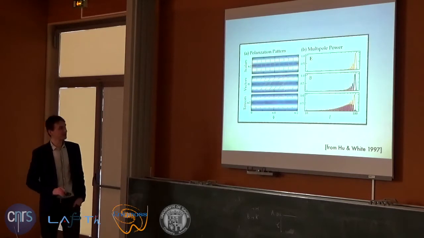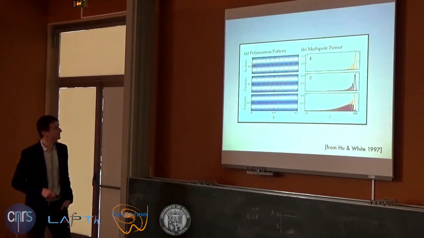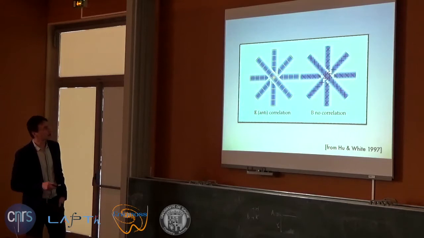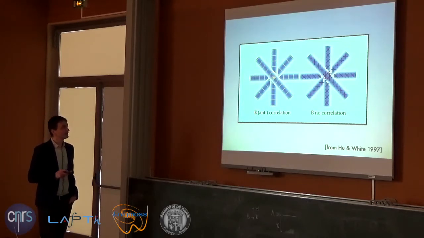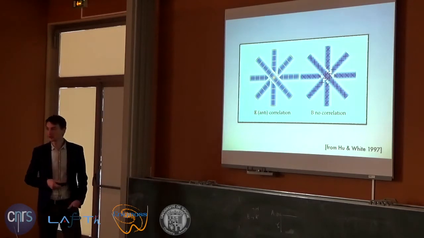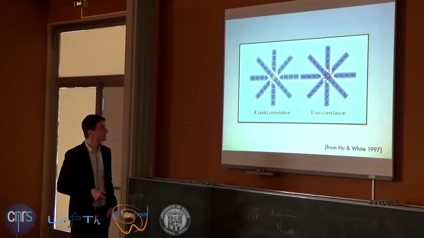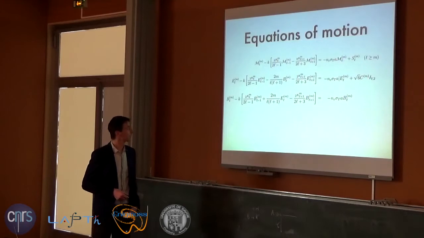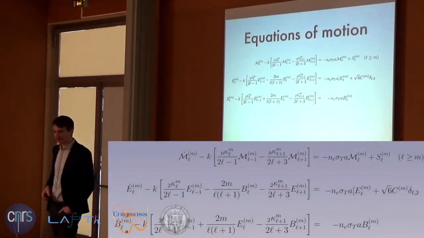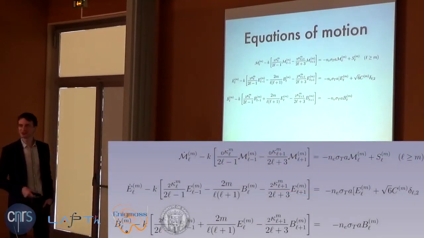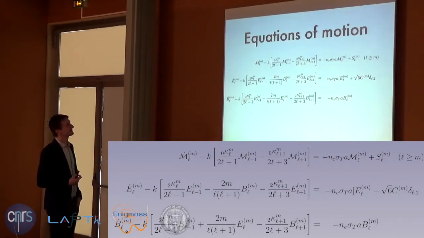This is a very, very vague description of what it does, but I hope that you buy from me that if you add more degrees of freedom, you can produce B correlations, because you simply need something more than a scalar.